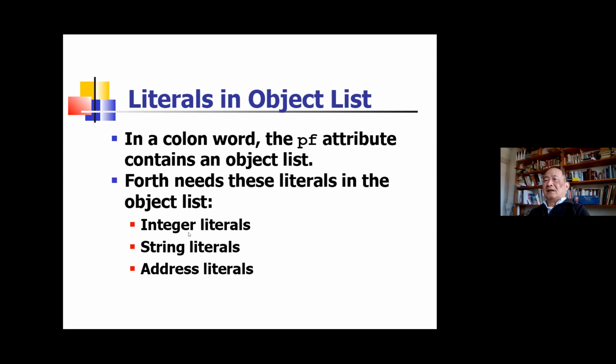So these address literals are required to build control structures. And the integer and the string literals are required to handle integers and strings when the token list is processed.